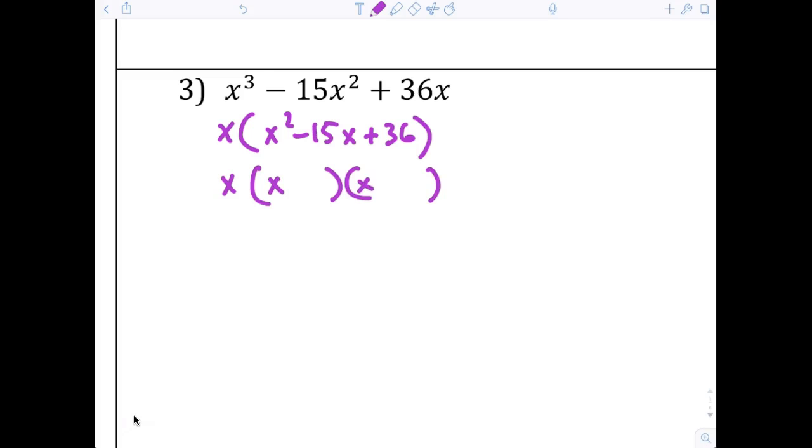Does that make 15? No, minus. Plus 3 and a minus 12. Oh, you want it to be what? Minus 3. That's right. I want it to be a negative 15. So it's a negative 3 and a negative 12. And again, negative 3, negative 12 makes negative 15. You understand that?